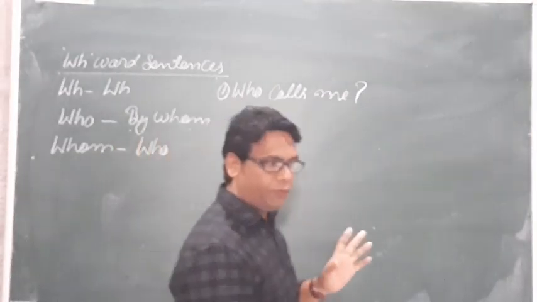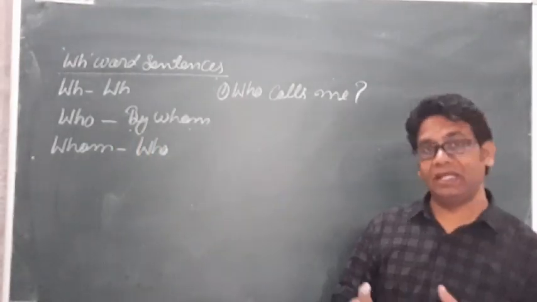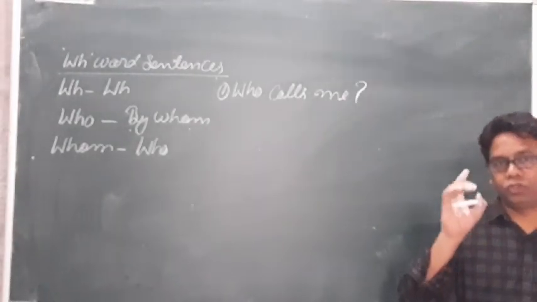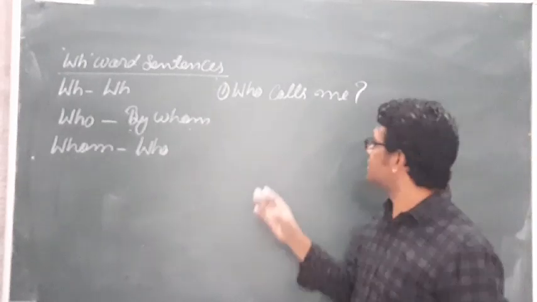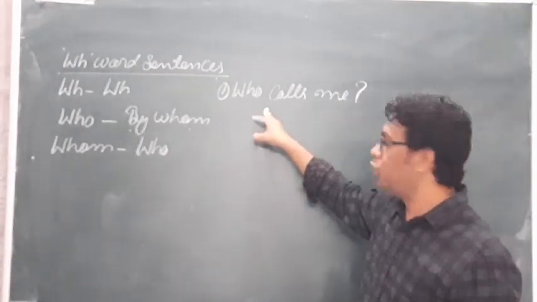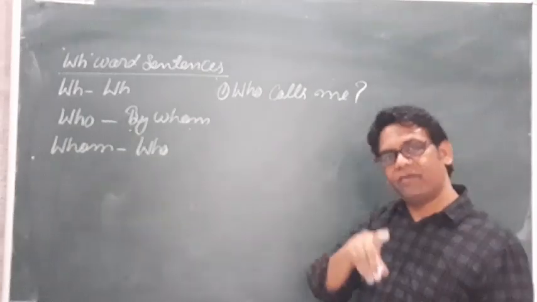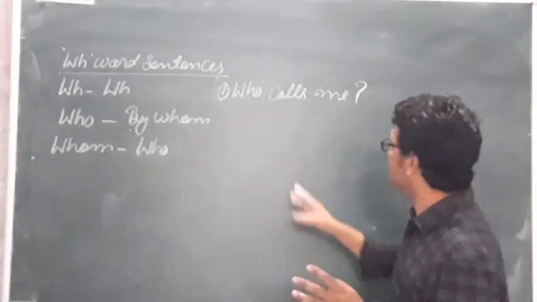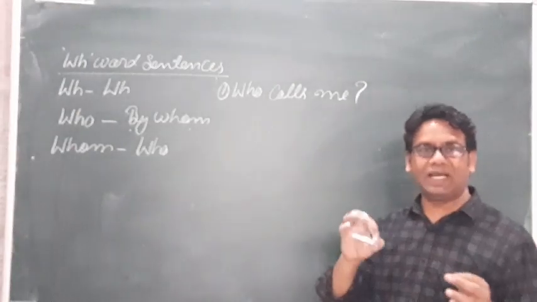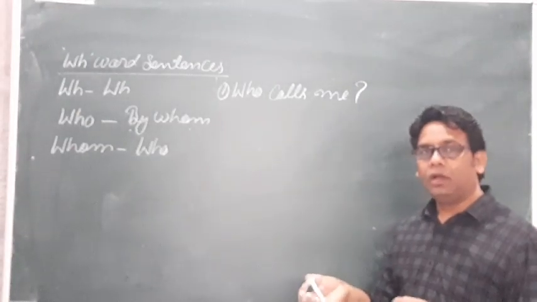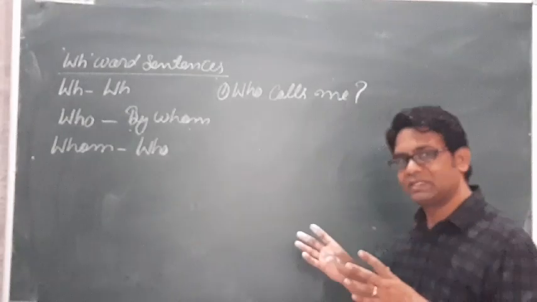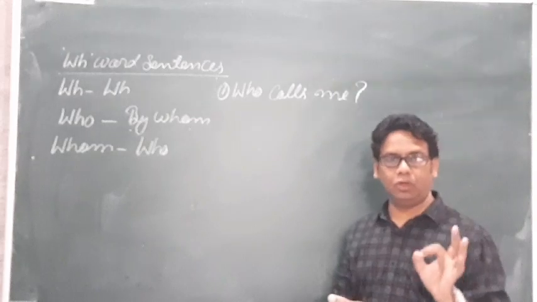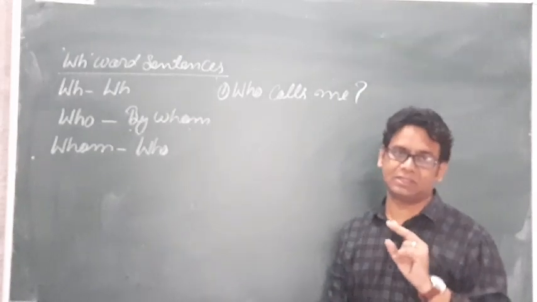Understand? But if the given sentence contains not, in that condition we should use a helping verb. Suppose the sentence is who did not call me, or who does not call me. When the sentence is negative, we will always use did or does.